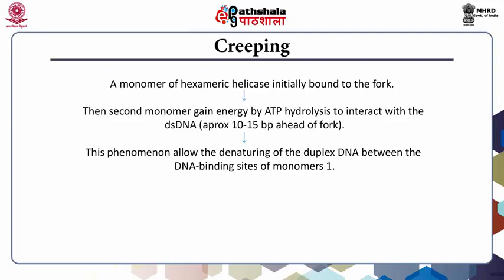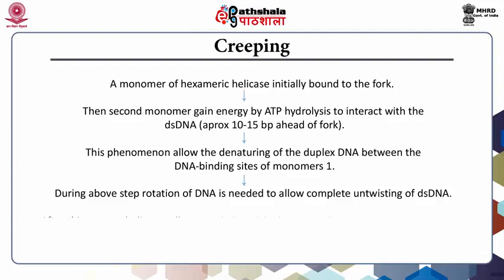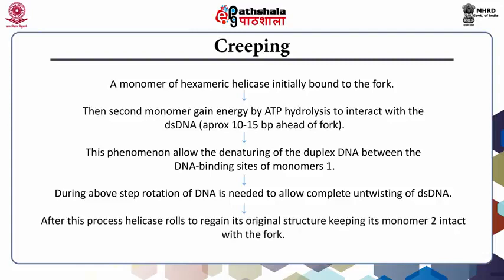This phenomenon allows the denaturing of duplex DNA between the DNA binding sites of the monomers. During this step, rotation of DNA is needed to allow complete untwisting of double stranded DNA. After this process, helicase rolls to regain its original structure, keeping its monomer 2 intact with the fork.